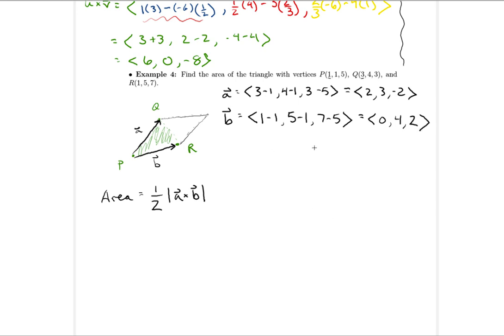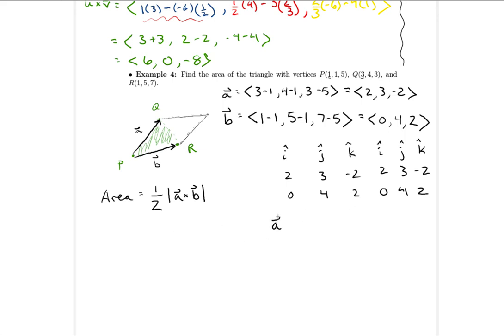And so then if I want to know what the cross product is, I, J, K, right? And I'll go ahead and write it out here. I, J, K. And so we'll put 2, 3, -2, 0, 4, 2.